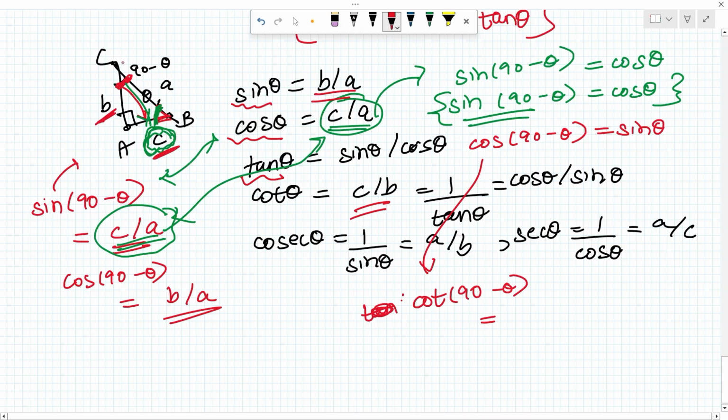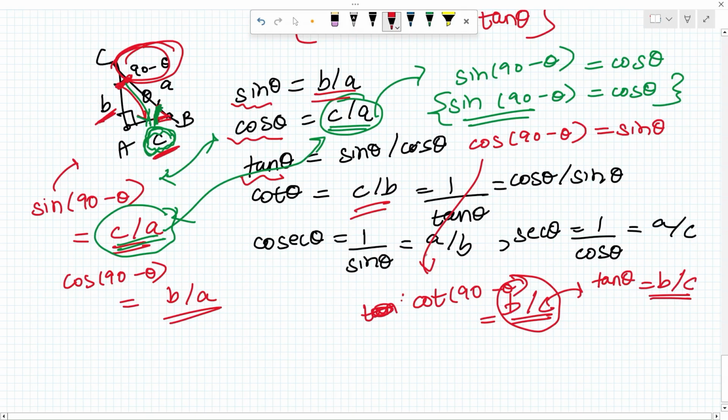So with respect to angle 90 minus theta, it is the ratio of the side adjacent to angle 90 minus theta, that is B, to the side opposite, C. So it's adjacent by opposite. But note that this B by C is just tan theta, which was opposite by adjacent, B by C. From this you get another high school formula, that cot of 90 minus theta is tan theta. I hope you all are understanding what I'm trying to say.